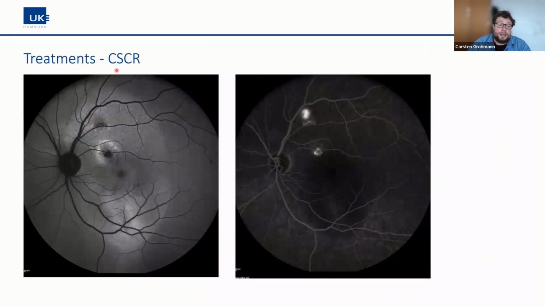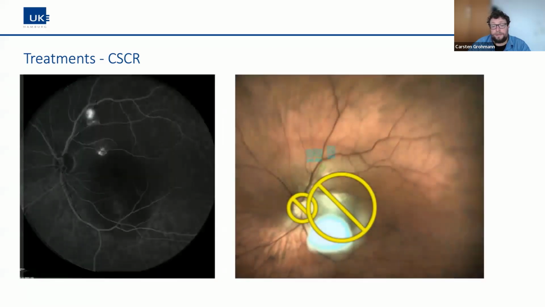For the CSCR treatment, we have a patient over here. You can see the active spots over here. You can see the really wide area of this CSCR also over here. And it's the same approach as we did in the iPad app with the caution zones, and then the titration until a mild burn spot. There are different approaches.